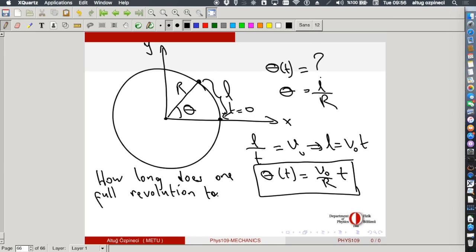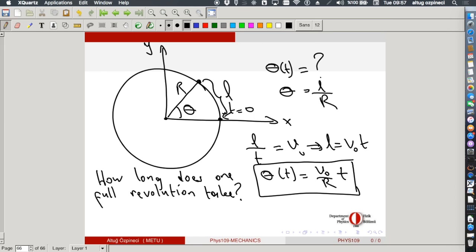This is the question. Now, the most difficult part in this question is, what does this sentence mean mathematically? How can we write this sentence in a mathematical form? So what does one full revolution mean, again, mathematically? 2 pi angle.